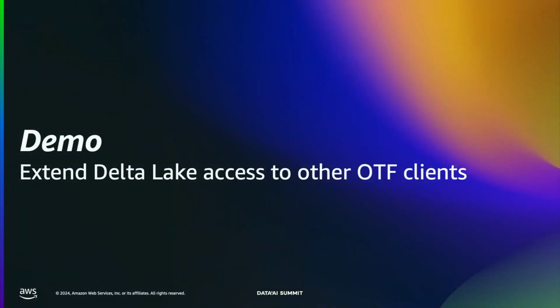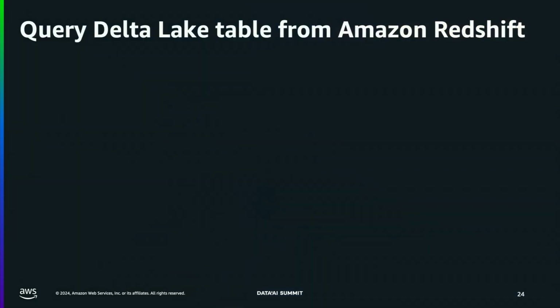You saw how Delta Lake UniForm works for open table format challenges so far. Now let's look at a real-world use case, showing how UniForm enables access to Delta Lake tables for clients that cannot access the Delta Lake tables. An example use case for Delta Lake UniForm is Amazon Redshift. Before moving on to the demo, let me briefly introduce Amazon Redshift.